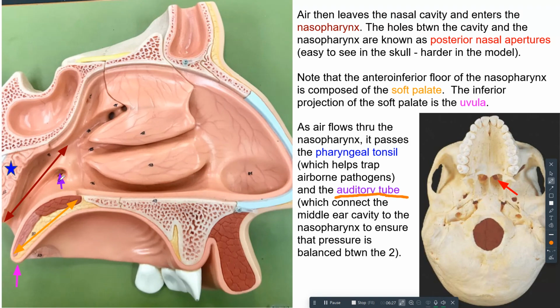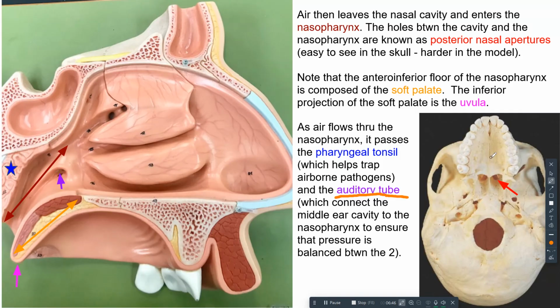You have to make sure you balance the pressure in the middle ear with atmospheric pressure, and having a passageway for air to enter and exit the middle ear is essential for that pressure balancing.